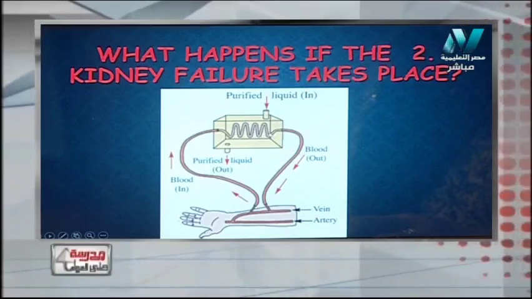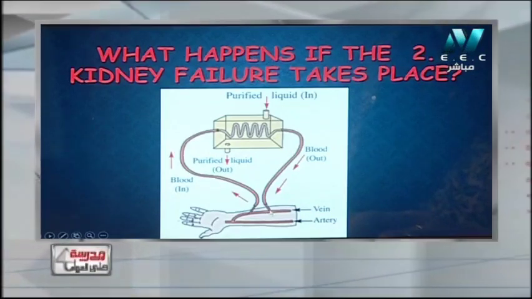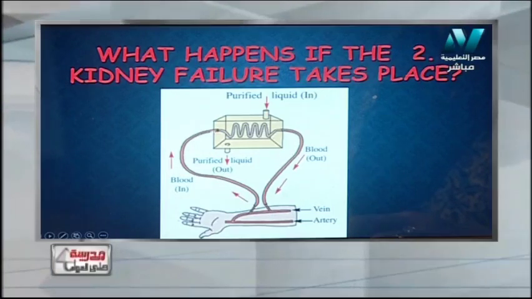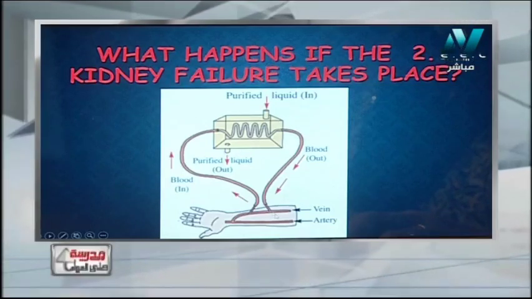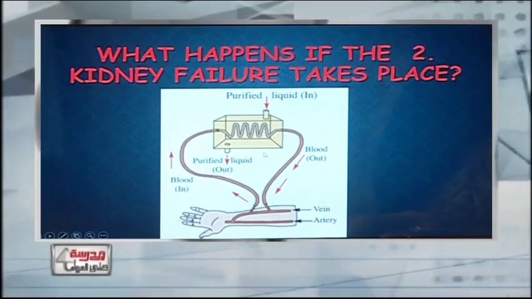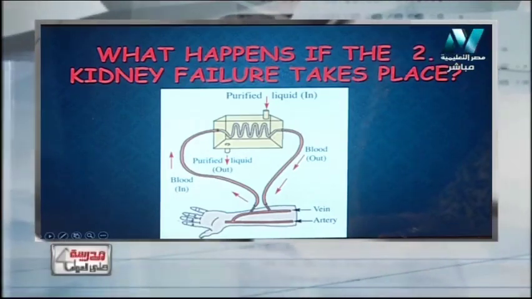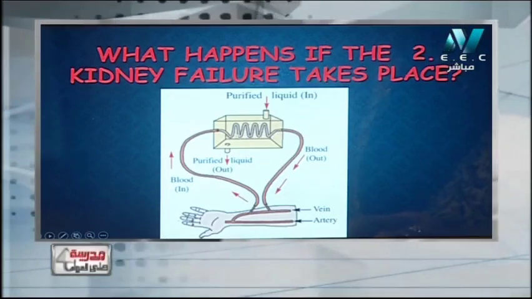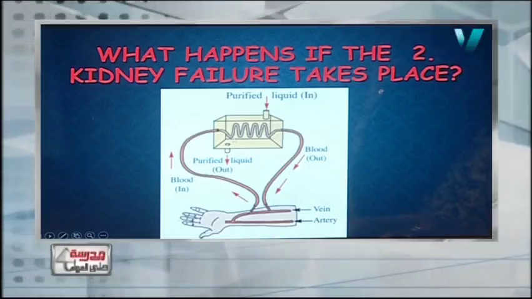And the purified blood goes back to the person through the other tube. So this tube brings the blood into the device, and the other tube brings the blood into the person again. Actually, it takes some hours to be purified because it needs time to filter most of the blood during this session.